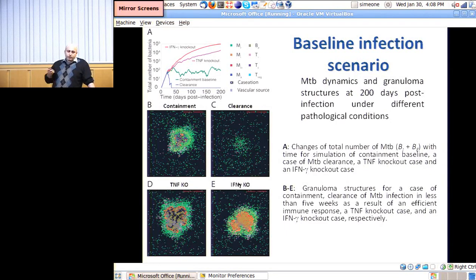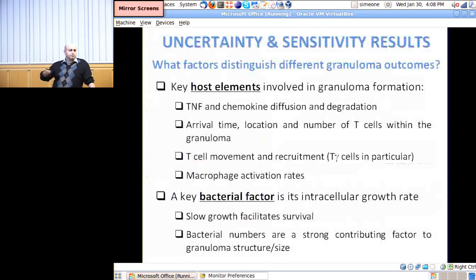Now, we did use uncertainty and sensitivity analysis to target specific mechanisms, which are parameters in the model, and to try to identify some factors that distinguish between different granuloma outcomes. We were able to identify host and bacterial factors. I'm going to list just some of them, just to give you an idea.